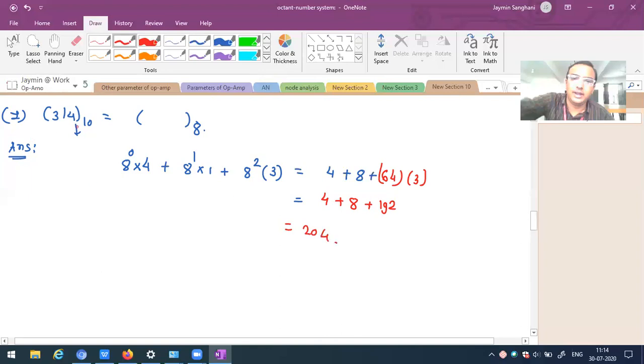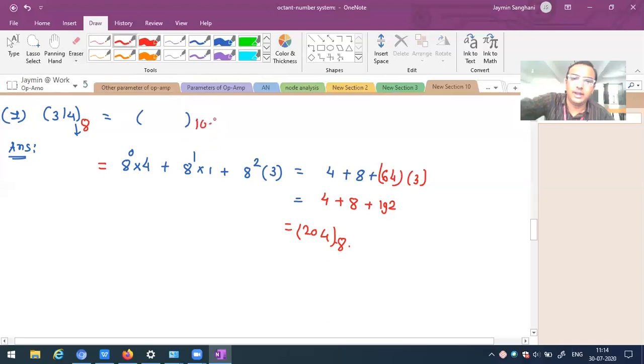See, this is the zeroth power, this is the 1st power. Sorry, 314 is the octal number, and here it is converted into decimal.